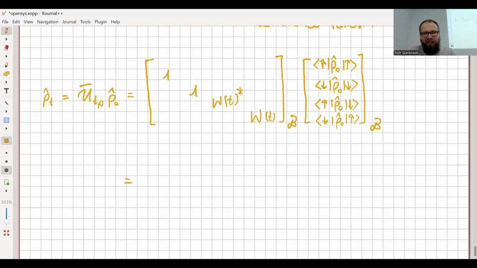All right, so this multiplication is quite easy, right? Because the first two elements are unchanged, and the other two are just multiplied by the corresponding W. Here W conjugate, and here just W, right?